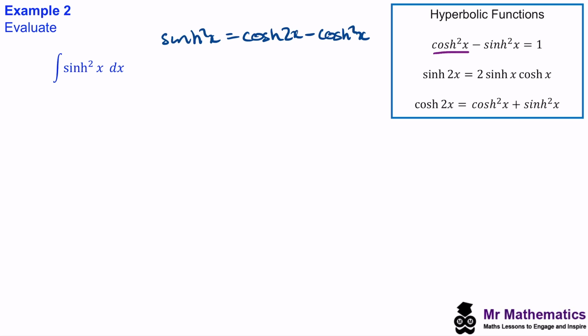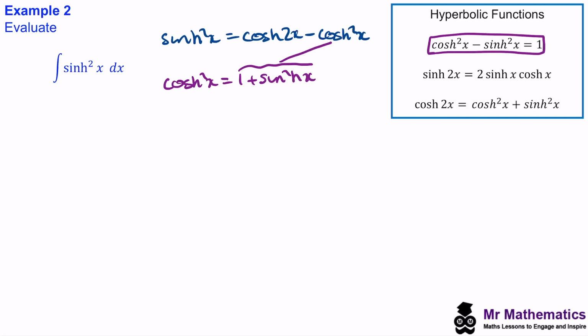So I'll draw a little box around this in purple, and we'll say that cosh squared of x is equal to 1 plus sinh squared of x. And then we'll substitute all of this into here. So we get sinh squared of x is equal to cosh 2x minus (1 plus sinh squared of x).